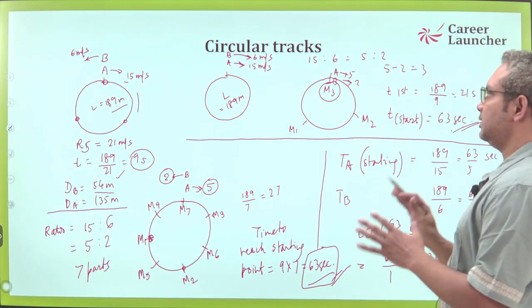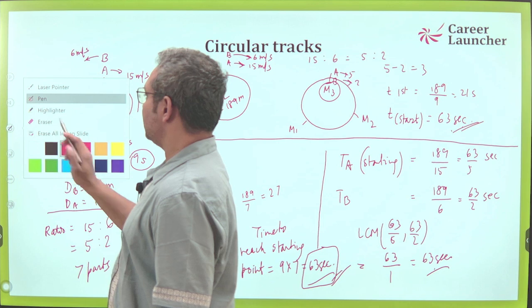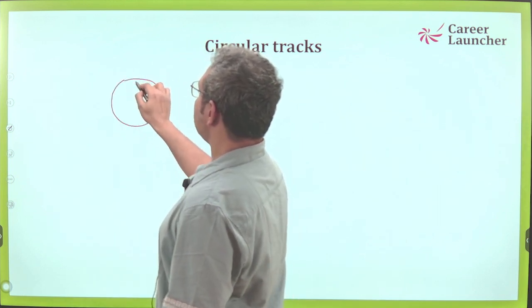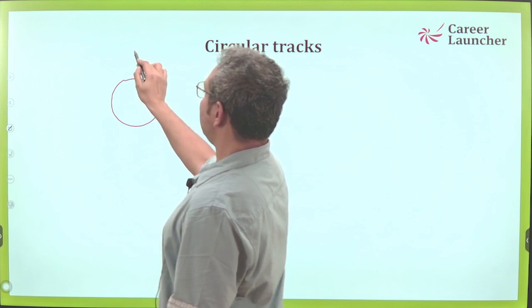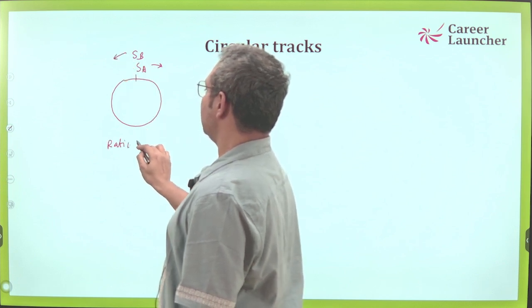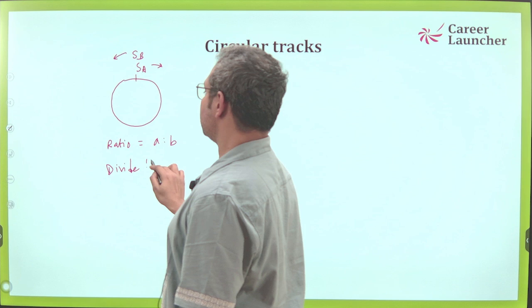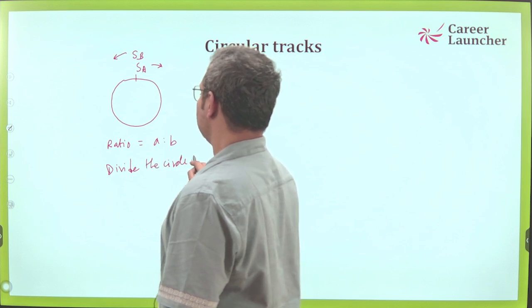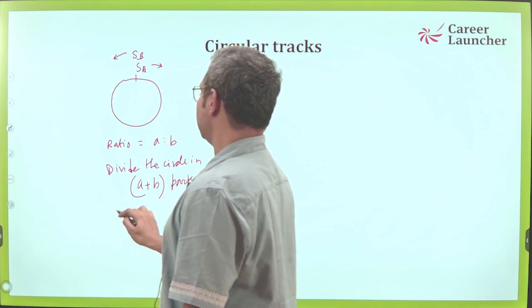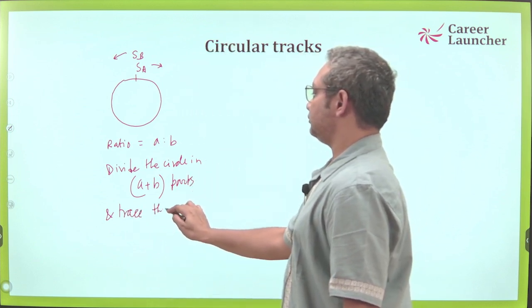So to put this in short, what we have in circular tracks, I'll just give you the relations. Opposite direction movement, speed of A this way and speed of B this way, then find out the ratio. Let us say it is A:B, then divide the circle in A plus B parts and trace the meetings.